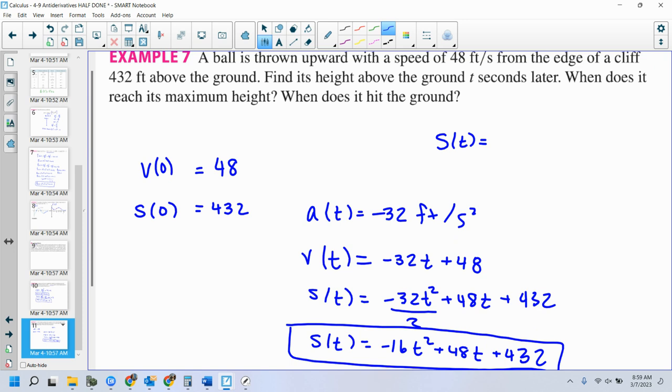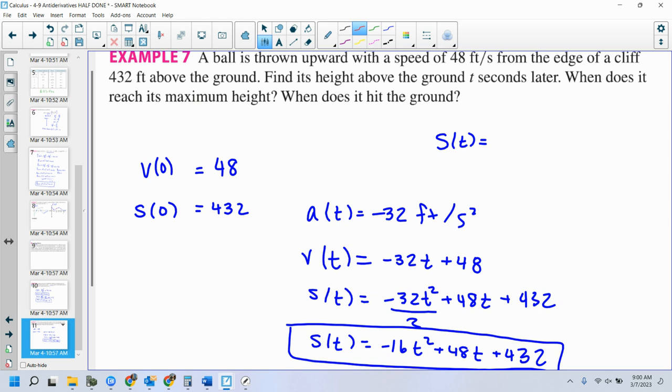Okay, when does this ball reach its maximum height? Now, there's a couple different ways to do this. You know what's interesting? Back when I made this key, I used negative b over 2a to find the maximum point, because that's the midline of a parabola, right? But I didn't actually need that. How do you find the maximum point? Well, you take the derivative and you set it equal to 0, right?